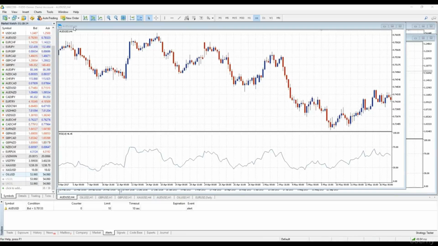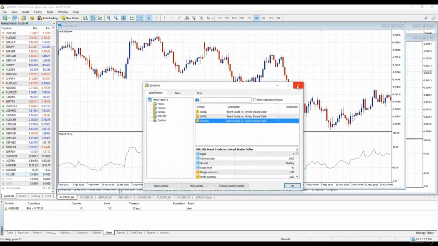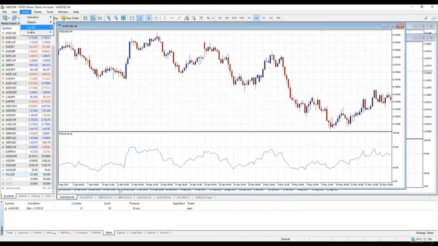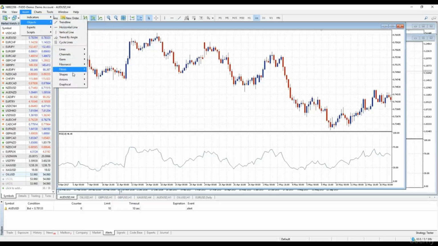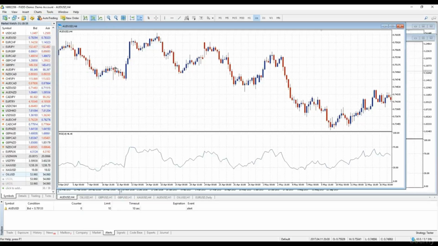Okay, and I also want to show you guys the difference between looking at candles on different time frames, because just because this looks like a hammer on a 4-hour, we might see some different candle pattern on the smaller time frames. Let's go ahead and take a look at that and see what we can dig up here. So I'm just going to insert a rectangle right on top of this hammer here.